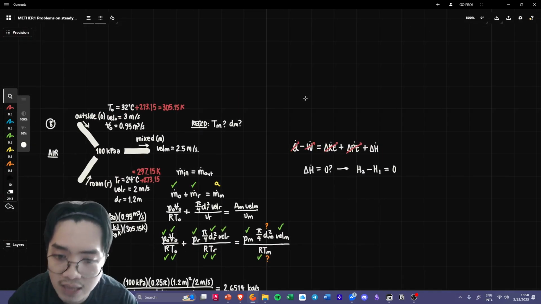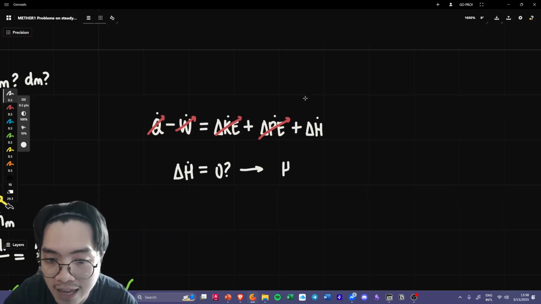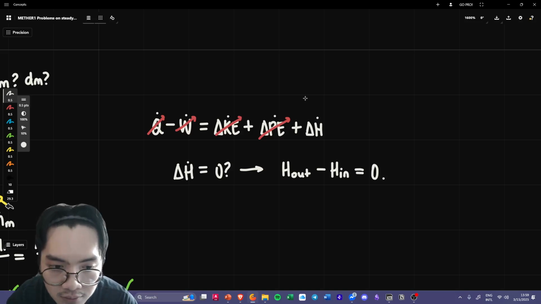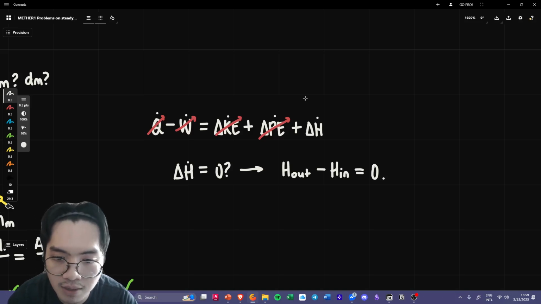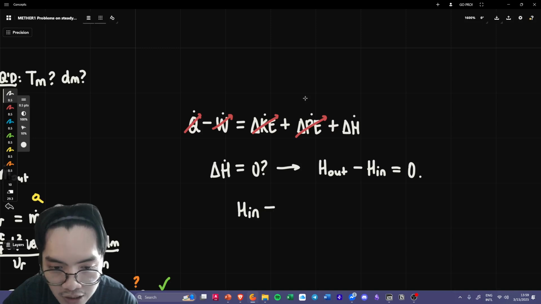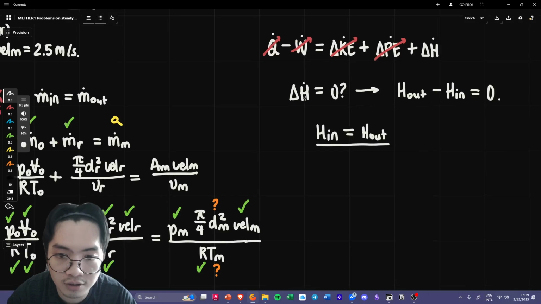Instead, when we're thinking about a change in enthalpy, we should think about H out minus H in. And once we see this occur, H in is equal to H out. That is basically the foundation for us to understand this problem.